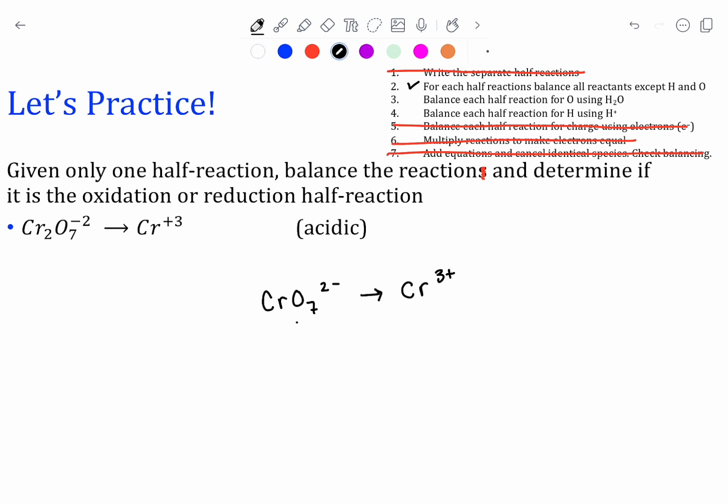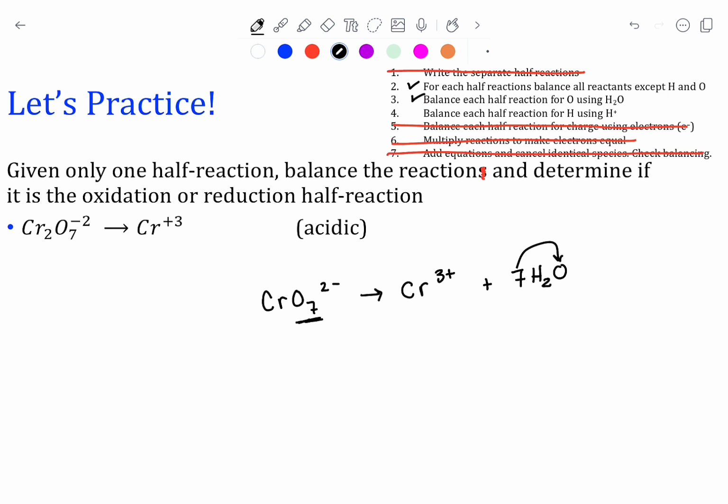So on my reactant side, I have 7 oxygens, therefore I need to add 7 waters to my product side. 7 oxygens on my reactant side leads to 7 oxygens on my product side because each water has 1 oxygen. So I've done step number 3.